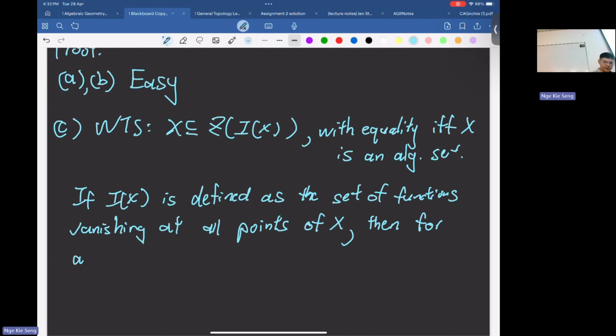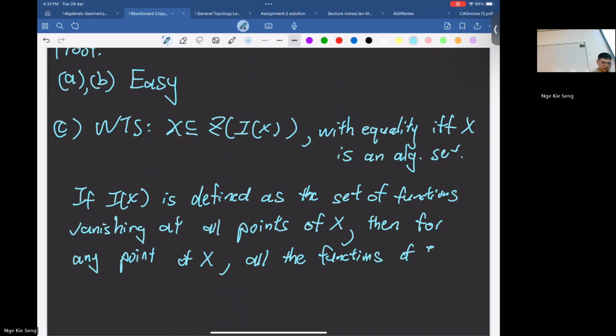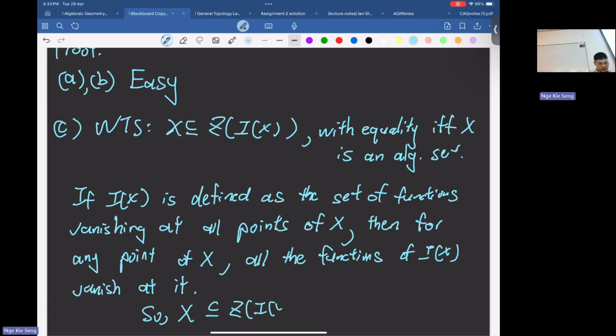Then for any point of x, all the functions must vanish at that point. So in this case, the points in x are always a subset of the zeros of Ix.